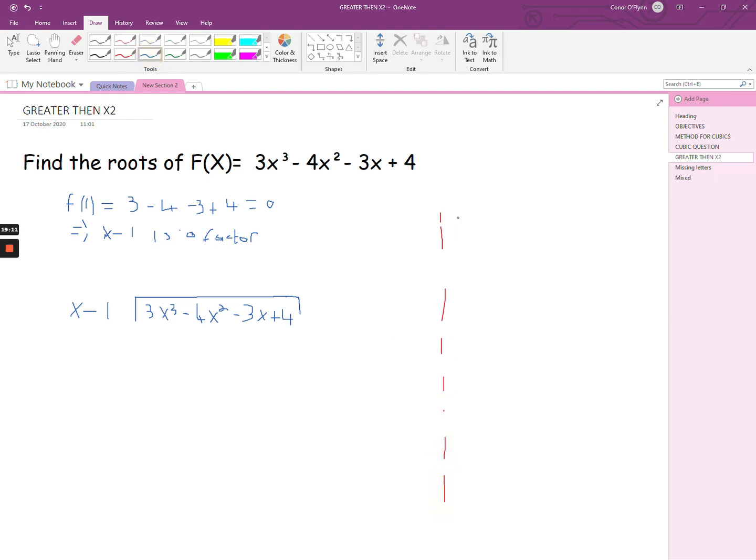This time it'll be 3x cubed divided by x.